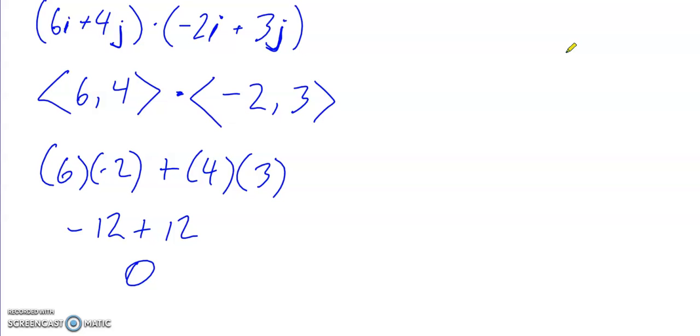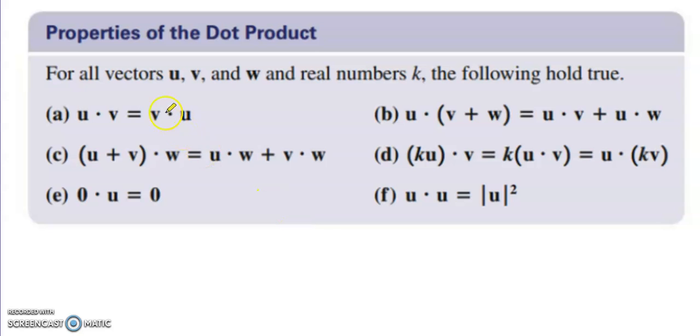Not so bad. Now then there's a couple properties of these dot products. Basically what they're saying is that if you do u dot v, that's the same as v dot u. Dot product is commutative. We can also distribute it. u dot (v plus w) is the same as u dot v plus u dot w. We can distribute on the other end.